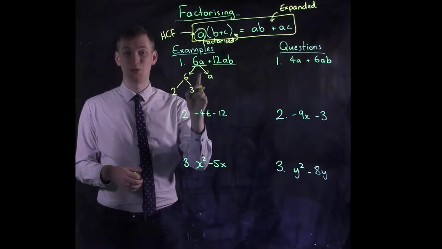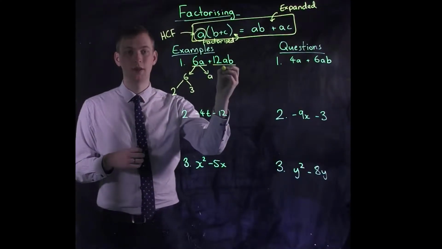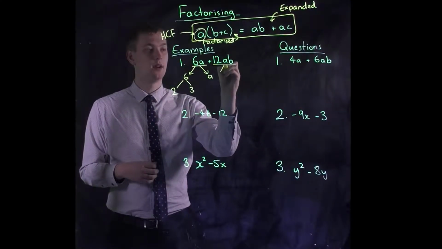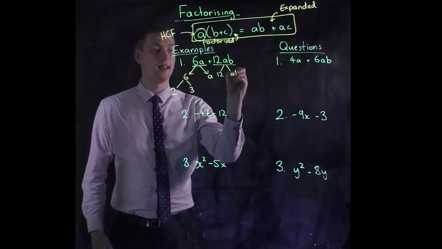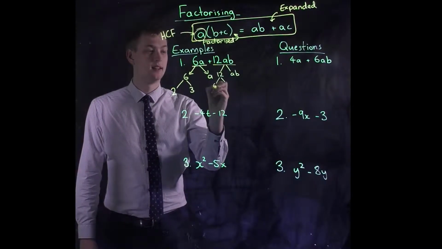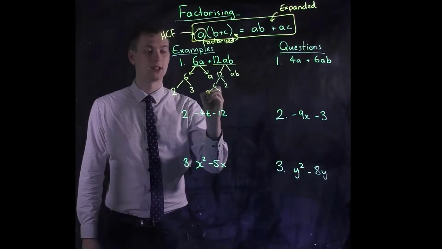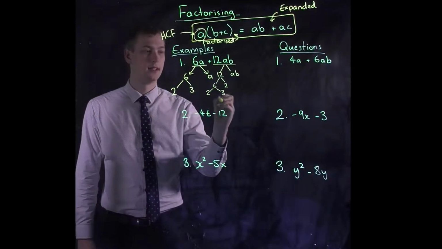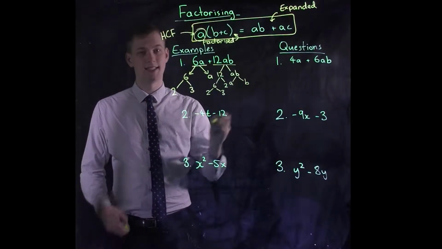Now a is just one term, we can't factorize it down anymore. So we look at the 12ab. We're going to get our 12 and then an ab. Now our 12 we can further factorize to get 6 and 2, and then we can get 2 and 3. Now our a and b we can then factorize to get a and b.